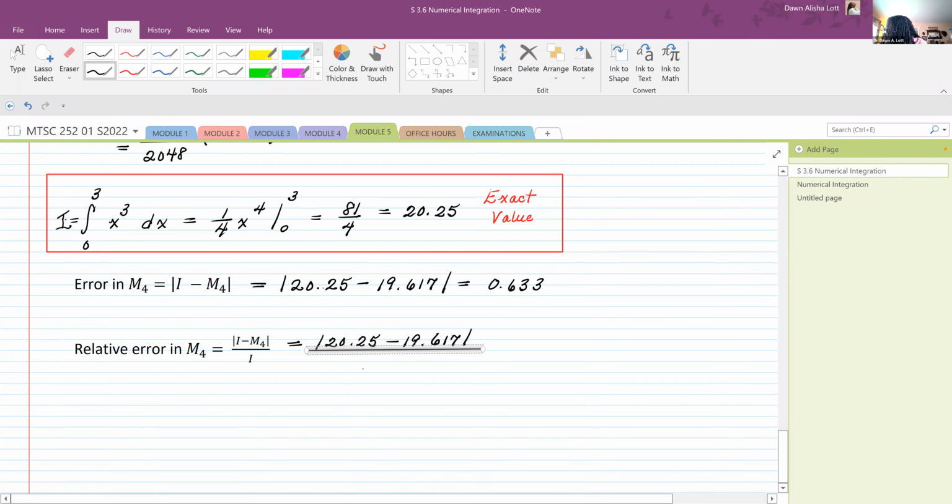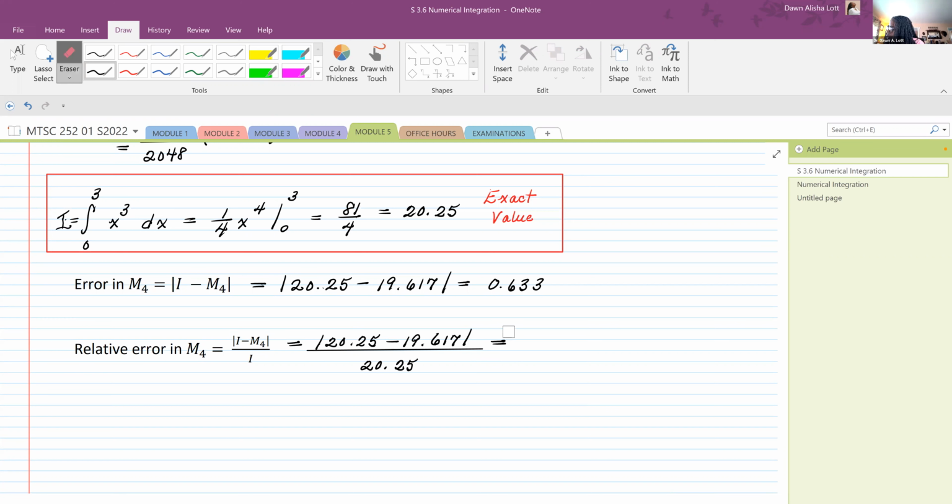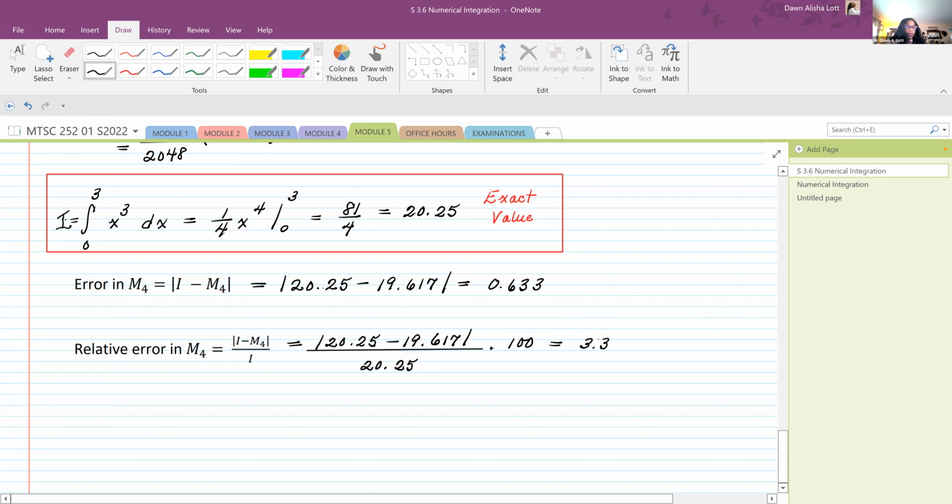So if I divide that by 20.25 and then multiply this by 100, this actually gives me 3.13 if you multiply that out. So I'm only off by 3%. That's not bad. That's really not too bad.